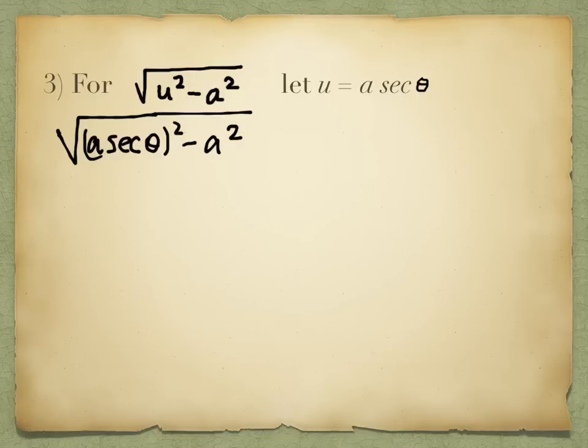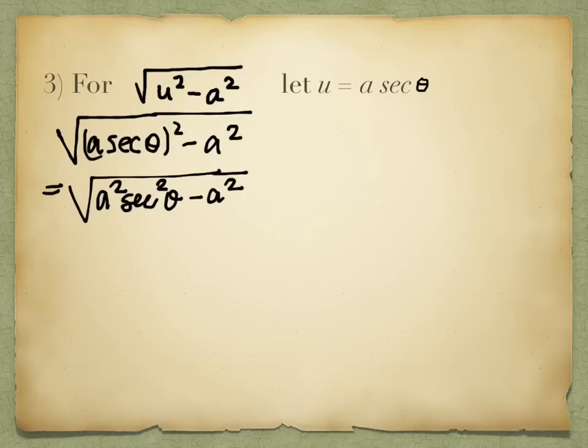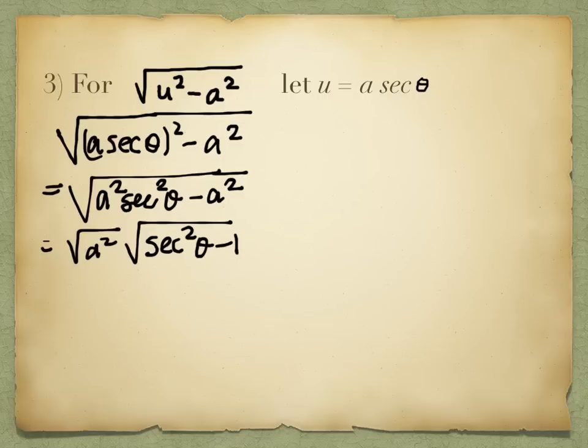Okay, so this should start to feel like I'm doing the same thing again, right? I have the square root of A squared secant squared of theta minus A squared. I can pull the A squared out, and I have a square root of secant squared of theta minus 1. What is the square root of A squared?